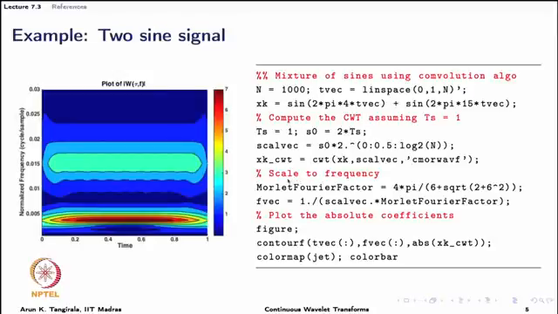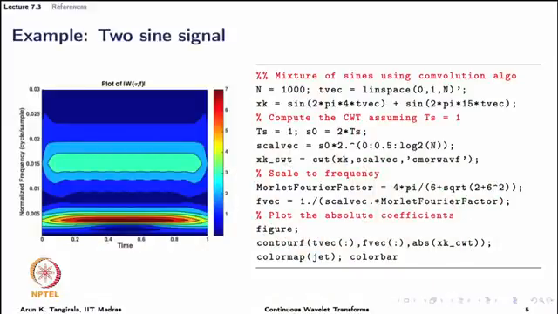Then I convert scale to frequency again. For this, recall what we had talked about in lecture 7.2, where we gave a table of theoretical conversion factors for scale to frequency, and I am using that for the complex Morlet wave. I am essentially substituting that here, and then converting the scale vector to the f vec.